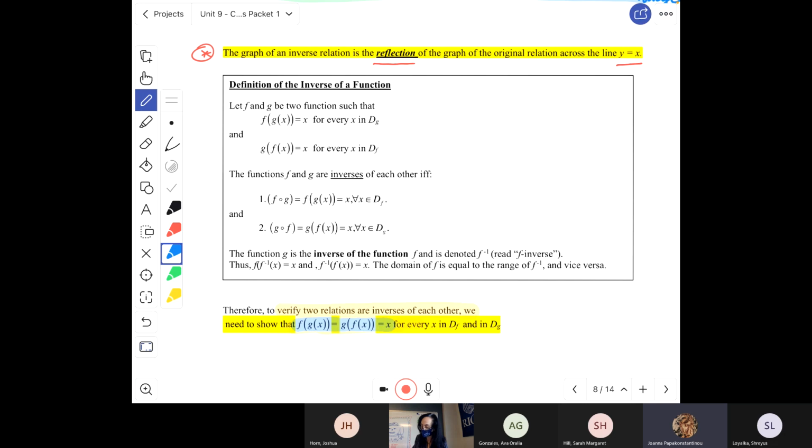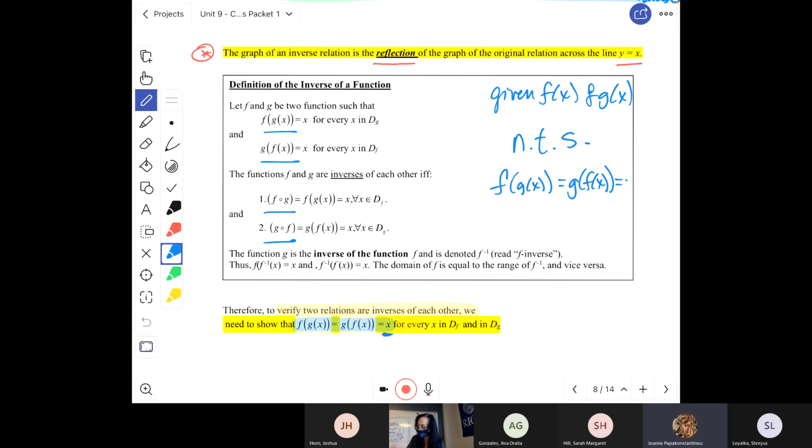Given two functions, f of x and g of x, to determine if they are inverses of each other, we take the composition in both orders, f of g and g of f, and the compositions must equal x for all domain values x for both f and g.